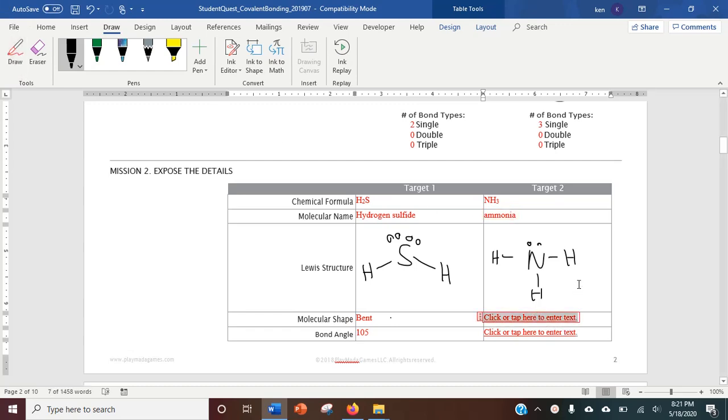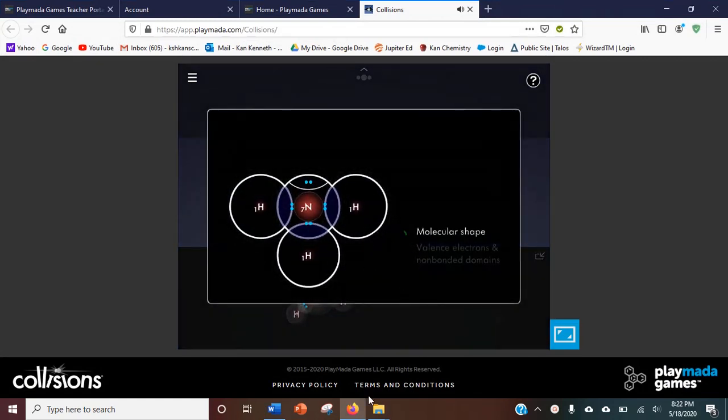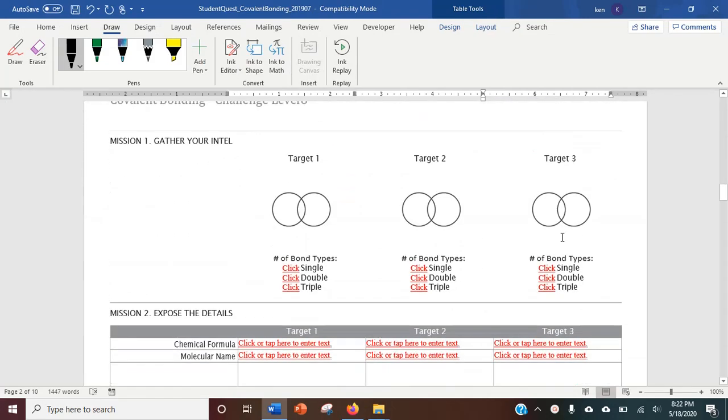The molecular shape of ammonia is trigonal pyramidal. And the bond angle for trigonal pyramidal should be 107. Okay, so now that concludes the tutorial. Once you're done, you can move on to the next level and fill in the rest by yourself.